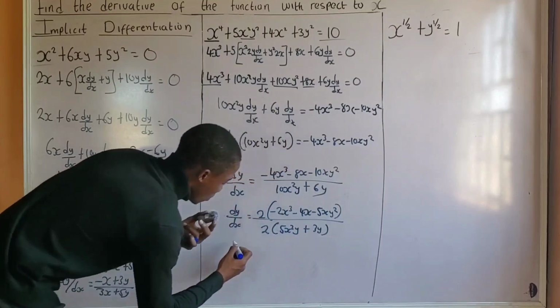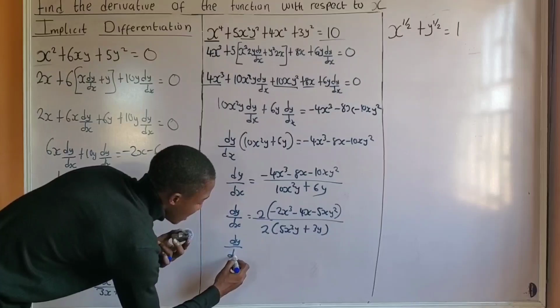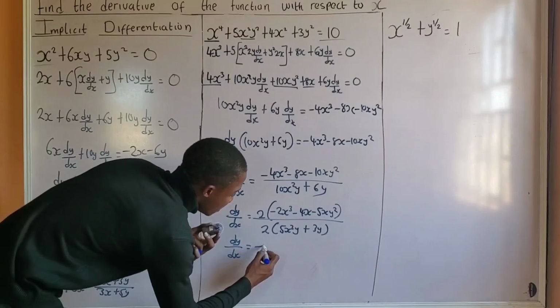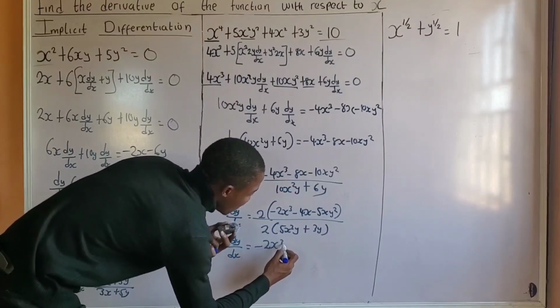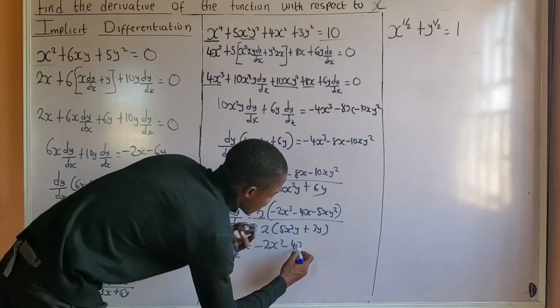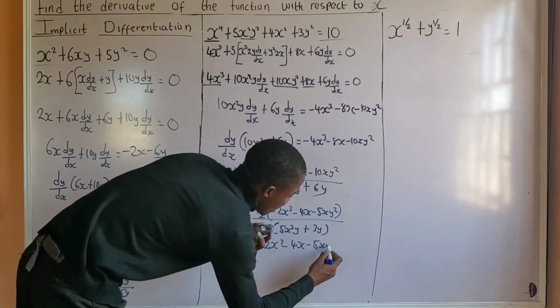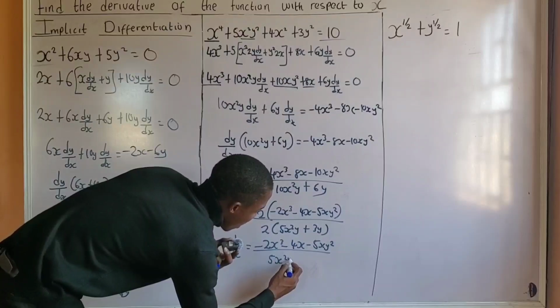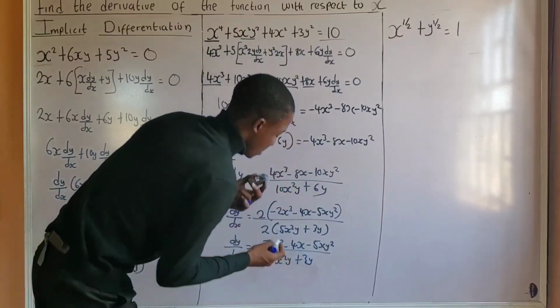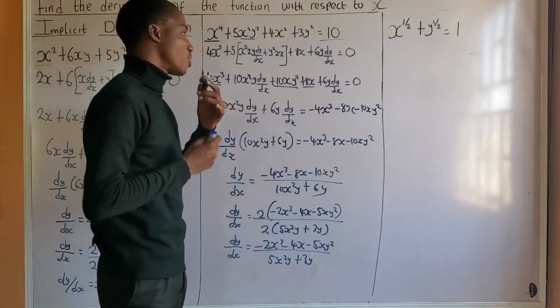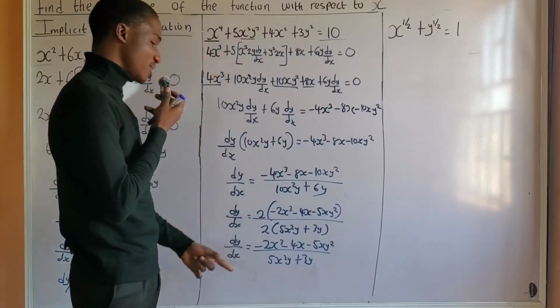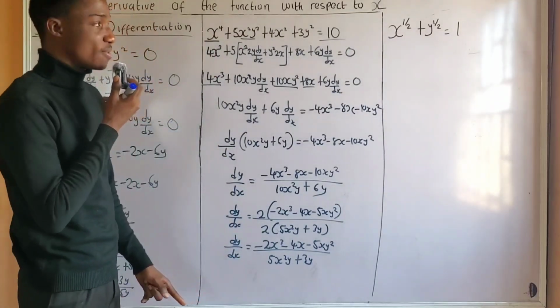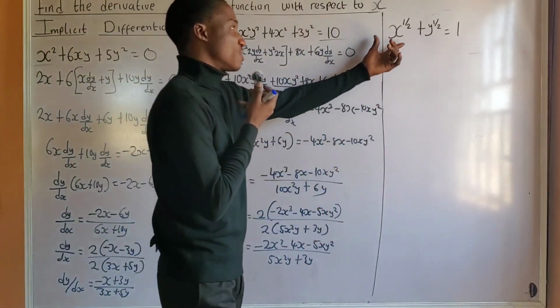Okay, so dy all over dx will be equals to negative 2x raised to the power of 3 minus 4x minus 5xy raised to the power of 2, this all over 5x squared y plus 3y. Okay, so the end product of the derivative of this function is this. Do you understand?